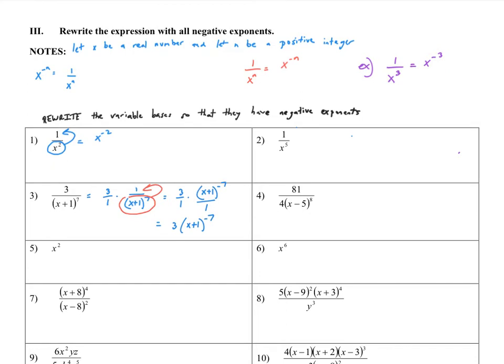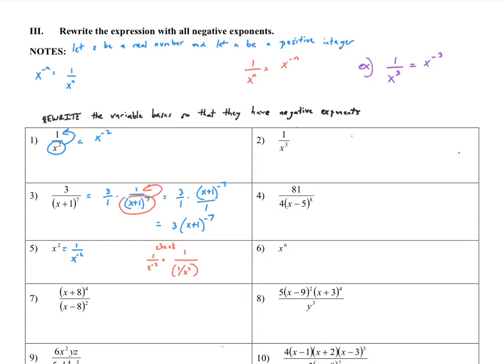For number 5, we'll rewrite x squared with a negative exponent. Look back at example 9 in part 1. We said that x squared is equal to 1 divided by x to the negative 2. If we want, we can check our answer. 1 divided by x to the negative 2 equals 1 divided by the quantity 1 over x squared.